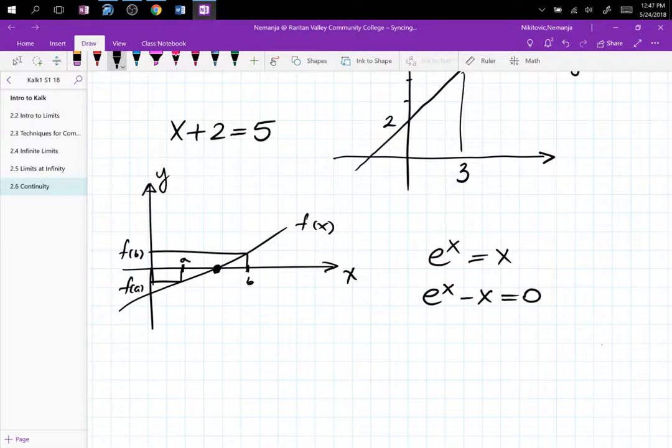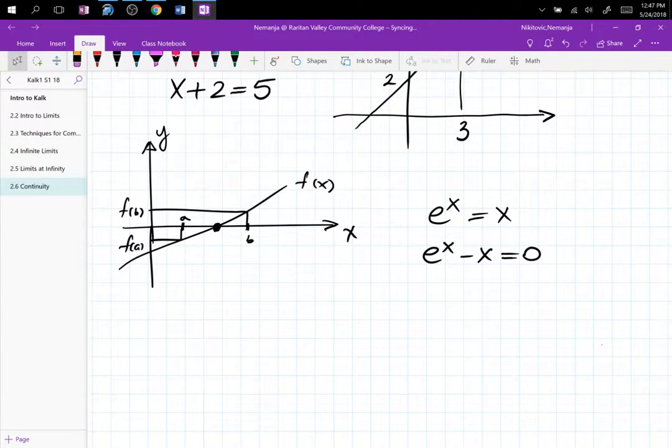Eventually, your partitioning will be so small that you will start getting the correct digits for your answer. We'll discuss this more in the future, but it's a really interesting thing. We never use this because it's labor intensive, right? We have calculators and computers to tell us the solution right away, but some of the algorithms might use this. So yeah, it's cool stuff.